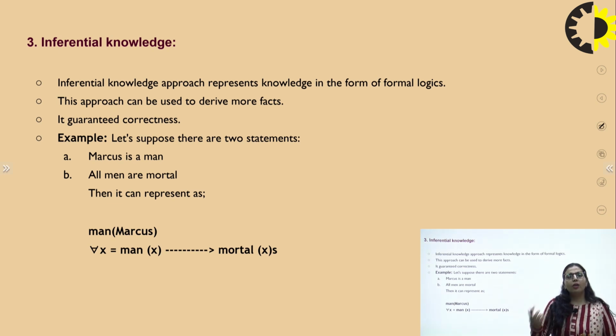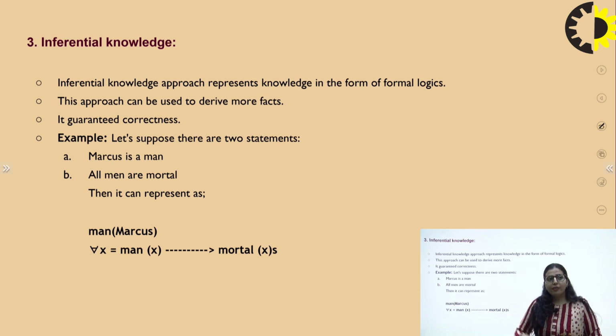Another logic is predicate logic, where we can represent all. That can be a disadvantage of propositional logic. If we want to represent a few groups, many groups, or all, then we cannot use propositional logic. For representing some group of people, we need to use another form of logic, known as predicate logic.